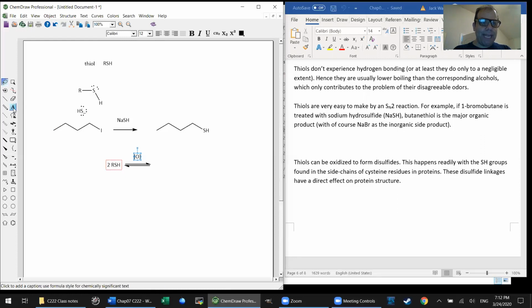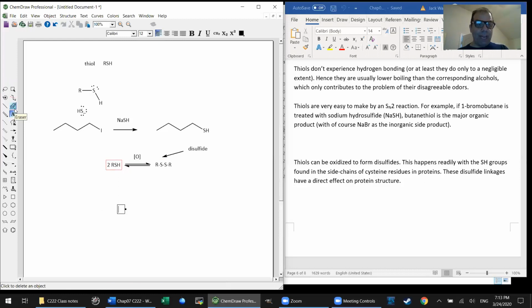What you wind up getting is RSSR, not USSR, RSSR. And so that compound is what's known as a disulfide. And you can see that basically these two RSH molecules have come together and lost H2. And maybe I can even be a little bit more specific. These are all single bonds, of course. So that's what you would get.